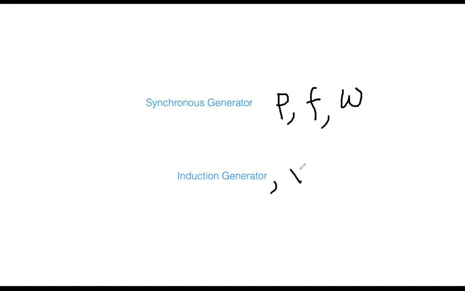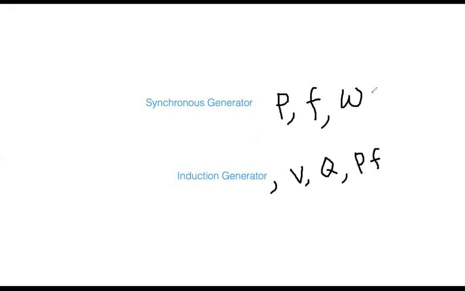For the synchronous generator, and let me draw here the induction generator. For the synchronous generator, the variables that you have to control, as I said, are active power, frequency, and speed. For the induction generator, voltage, reactive power, and power factor.